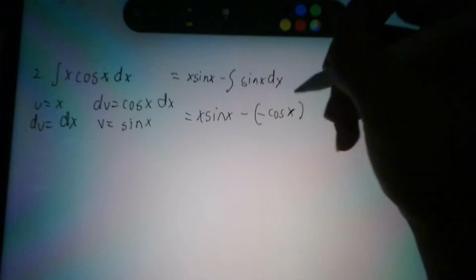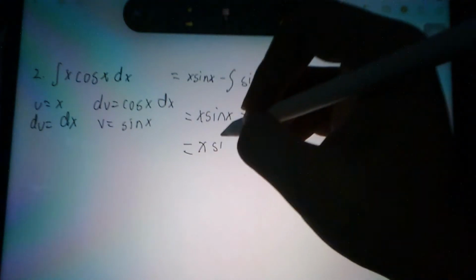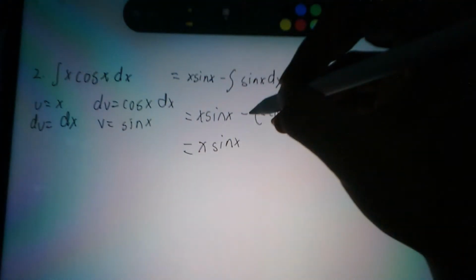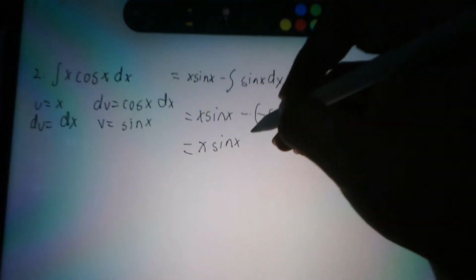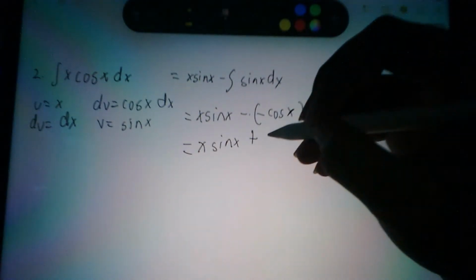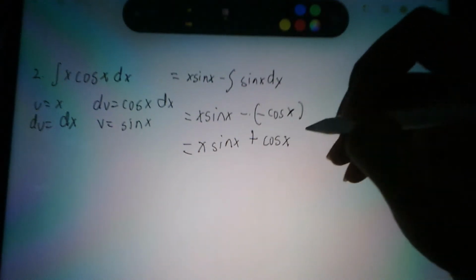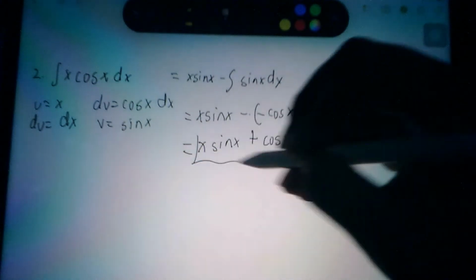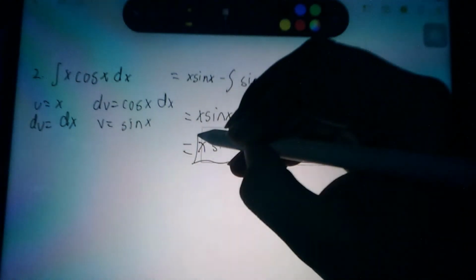By simplifying this even further, minus negative cosine becomes positive, so our final answer will become x sine x plus cosine of x plus c. This is our answer for our problem number 2.